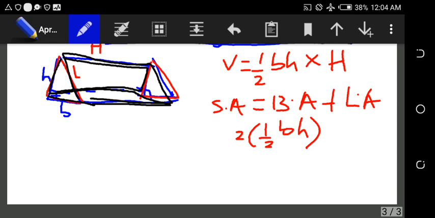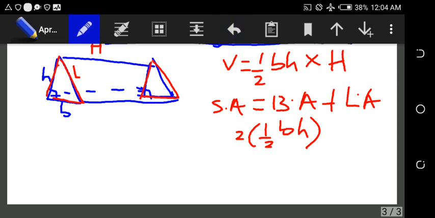When we get them, we'll add them to the area of the triangular faces, and that will give us the total surface area of this particular solid, the triangular prism. So let's try to find the area of the 3 faces and see what that gives us.